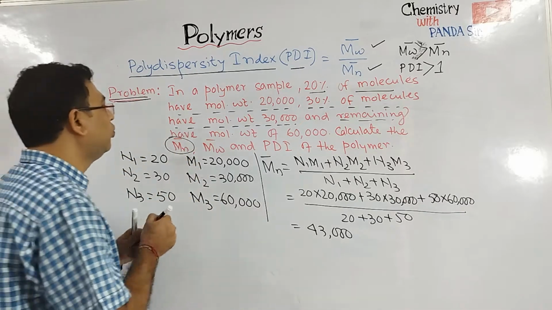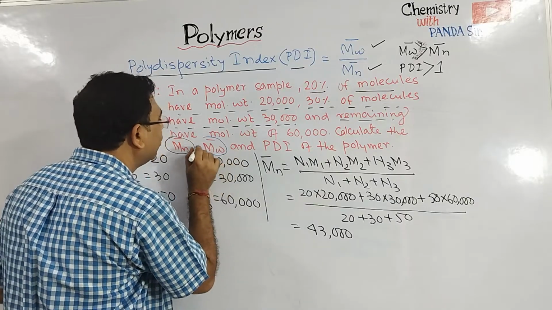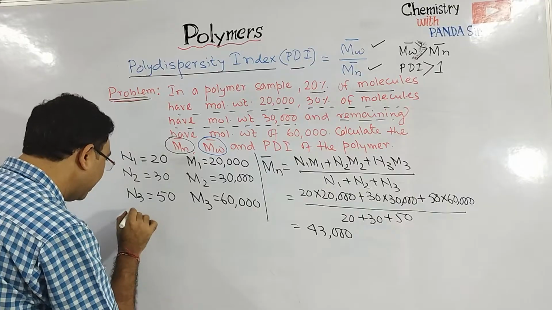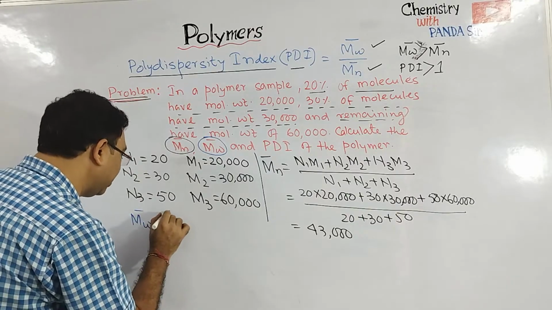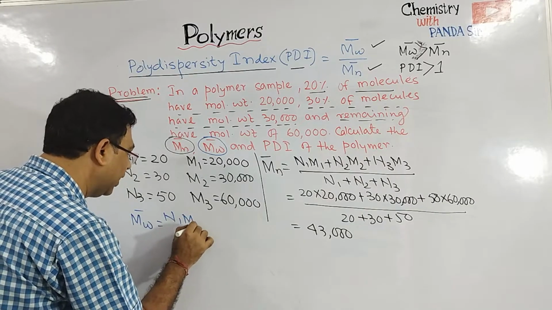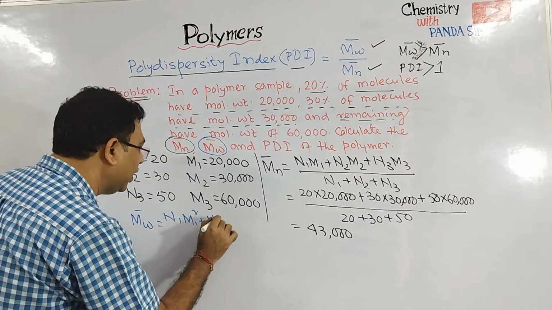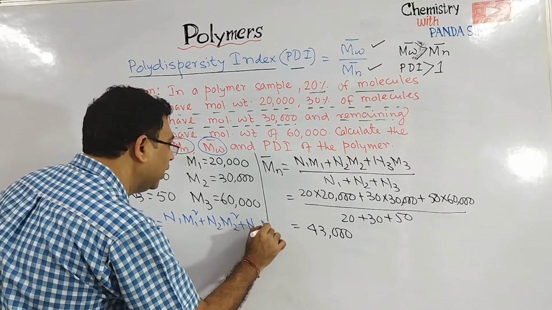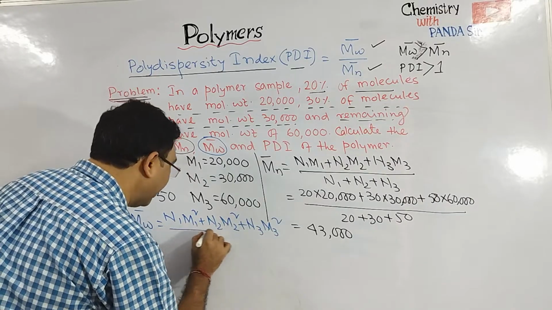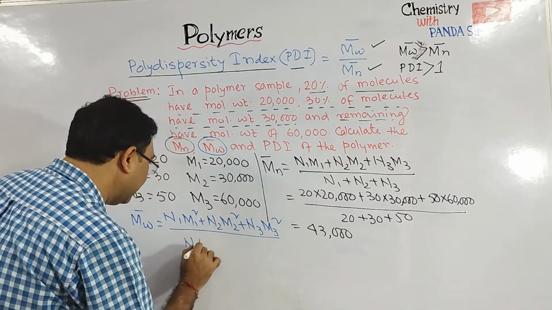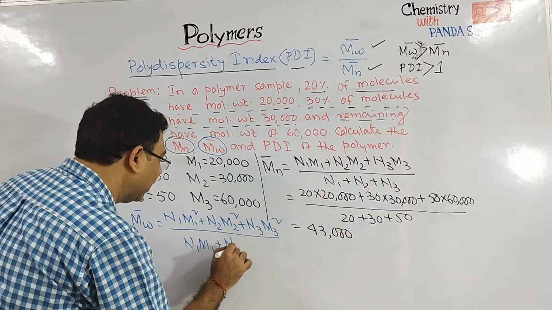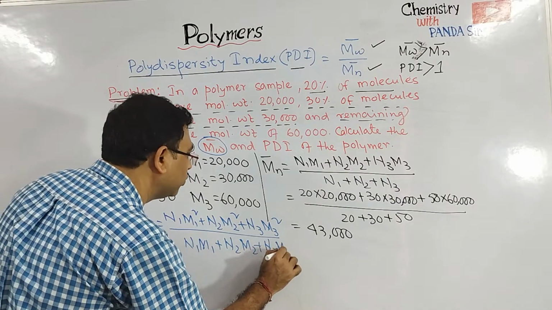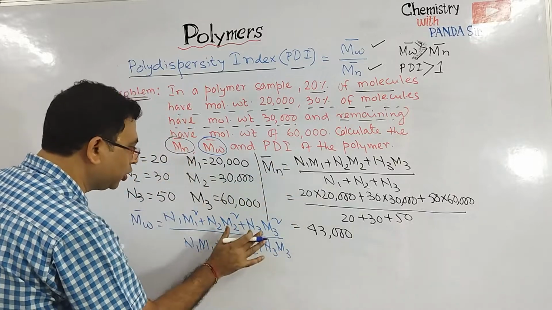So now we go for our second calculation, and that is MW bar. MW bar is the weight average, and you know the formula: N1 M1 square plus N2 M2 square plus N3 M3 square divided by N1 M1 plus N2 M2 plus N3 M3. We simply substitute the value.